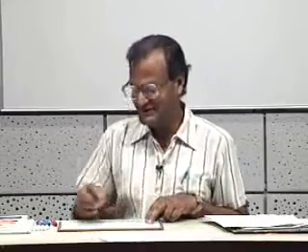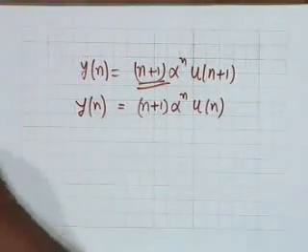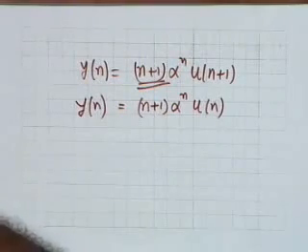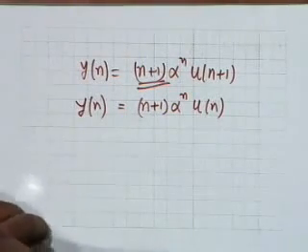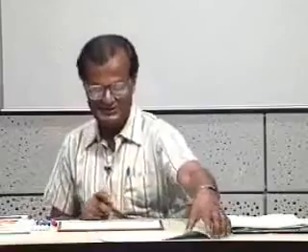Would you agree? Yes, because at n equal to minus 1, this term gives 0, and therefore this is my final result. Y of n equals n plus 1 alpha to the n u of n. You can get this straight away from that result. You can factor out alpha minus beta. You get the result alpha to the power n plus 1 minus beta to the power n plus 1. Yes. Let's go back. That's a very interesting point. Let's go back and see if we could get it.